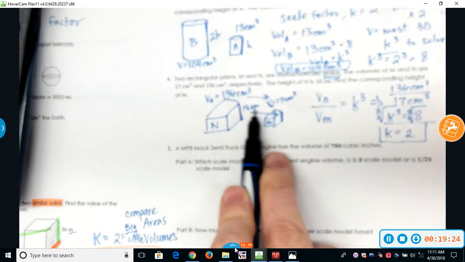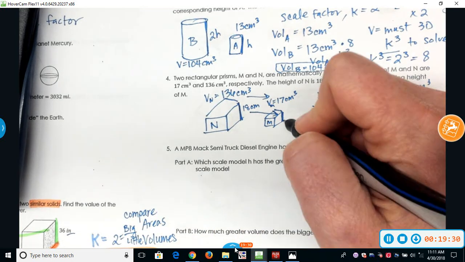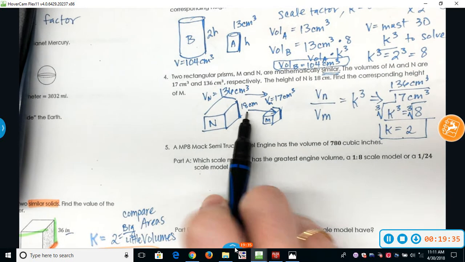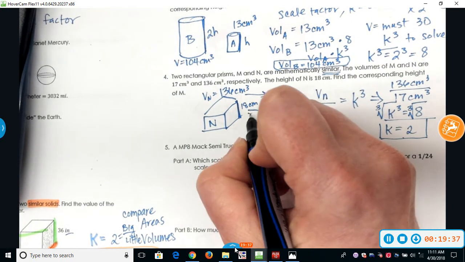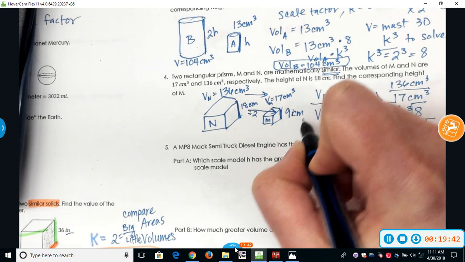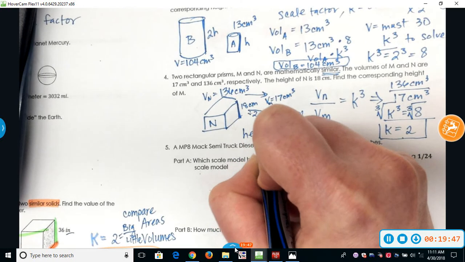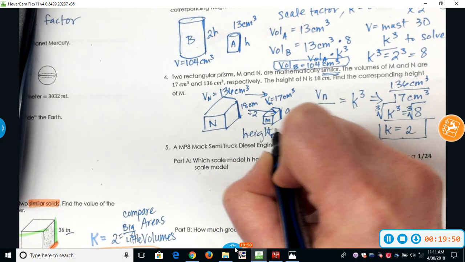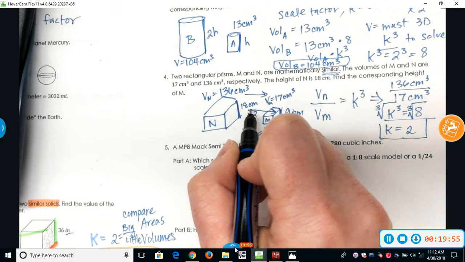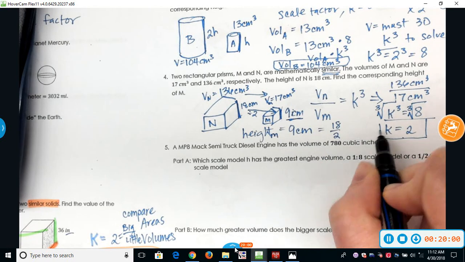I don't want to multiply by 2 because that would give me a bigger height. So obviously I want to take this 18 and divide by 2, my scale factor, which will give me 9, not inches, centimeters. 9 centimeters as my missing height. So the height of M is 9 centimeters high. That's taking the 18 and dividing by 2, which was my scale factor.